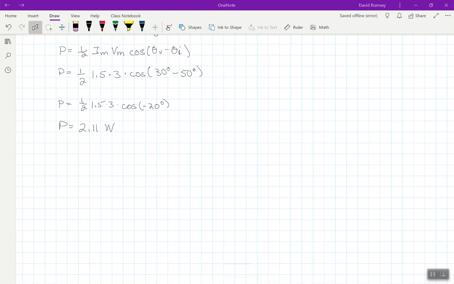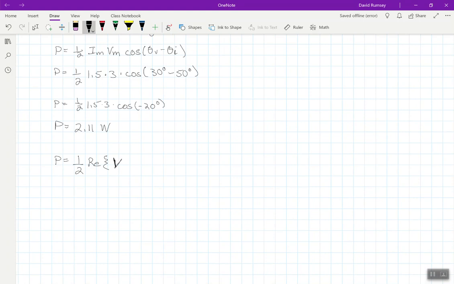But to finish up this section on average power and instantaneous power, as I said, we want to come up with easier or other ways to do this. One way we can do this is that power is equal to 1/2, and I'm not going to go into mathematical details of this. And I'm doing these bold here on purpose because these are phasor voltages and currents.